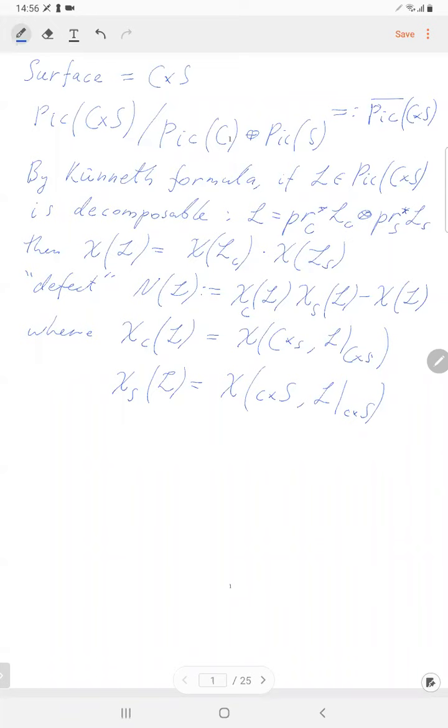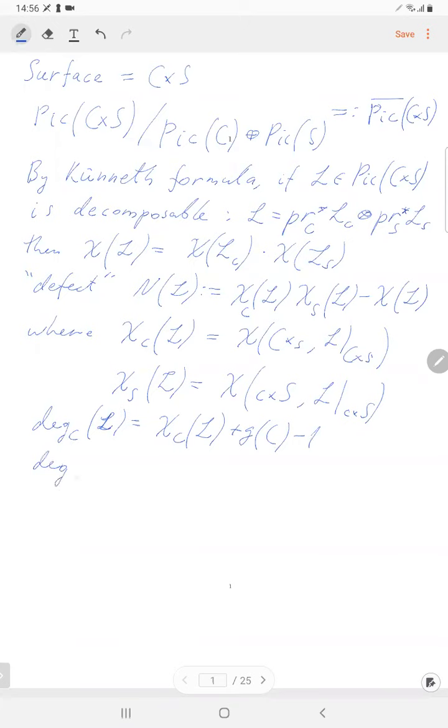Okay. So what else did we define last time? We defined the degrees. Deg C of L is the Euler characteristic of this restriction plus g minus 1, g of C, the genus of the curve C minus 1.